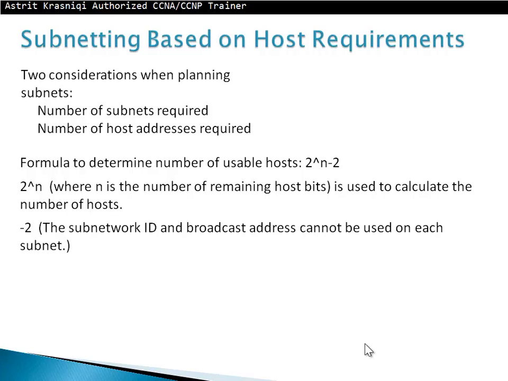Now, a consideration when planning subnets: we need to know the number of subnets we require and the number of host addresses required. The formula to determine the number of usable hosts is 2 to the power n minus 2. 2 to the power n, where n is the number of remaining host bits, is used to calculate the number of hosts. The subnetwork ID and broadcast address cannot be used on each subnet.